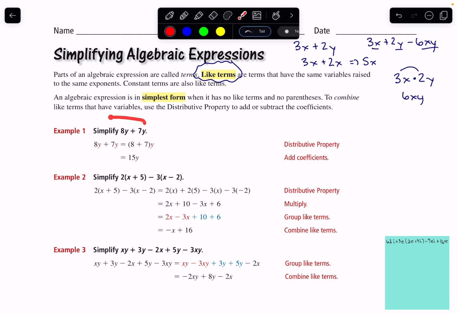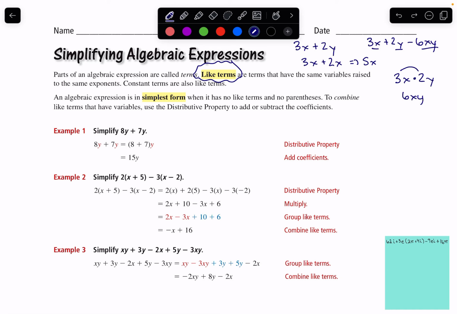So if I want to simplify 8y plus 7y, both of these have y's, so the 8 and the 7 add together to become 15, and then you put the y after it. It shows you the technical math that you're doing when you combine like terms, but we're never going to show this step.